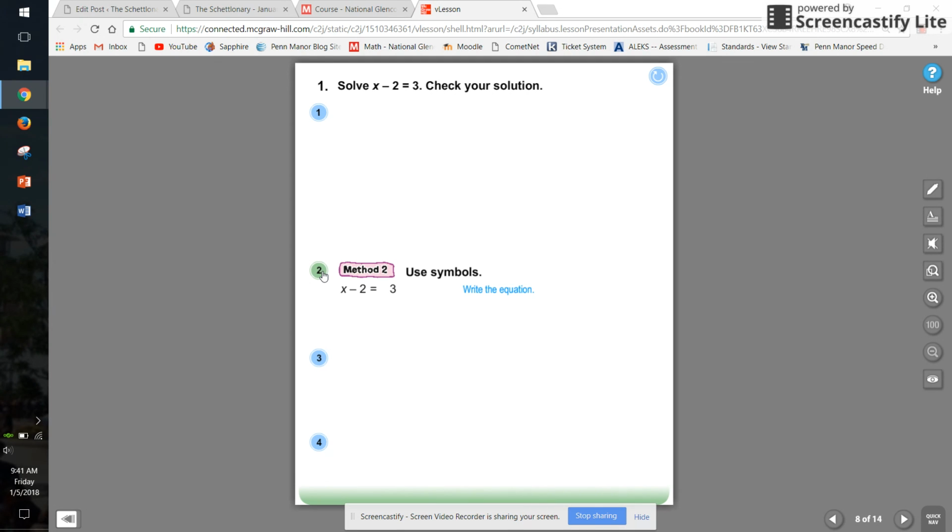The way I'm going to do that is I'm going to add 2, because if I add 2 to negative 2, it gets me to 0, which cancels out the 2 on the left side of the equal sign. And did I isolate the variable? I sure did. It just leaves me with x. Don't forget, if I add 2 on this side, I'm going to add 2 on this side over here, because algebra is all about balance, which leaves me with x equals 5. And that's how the addition property works.